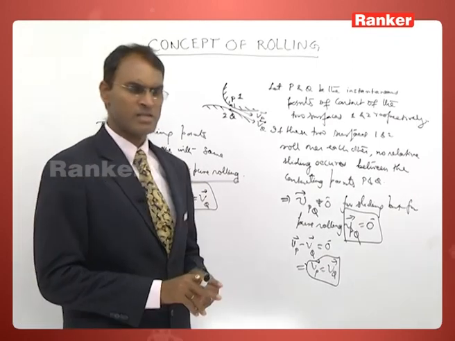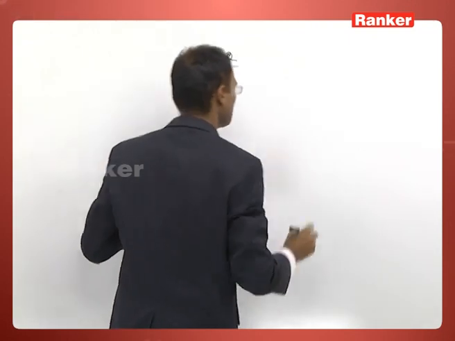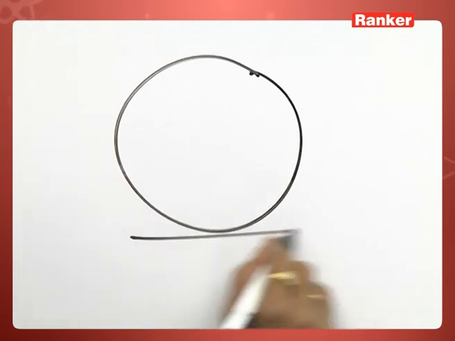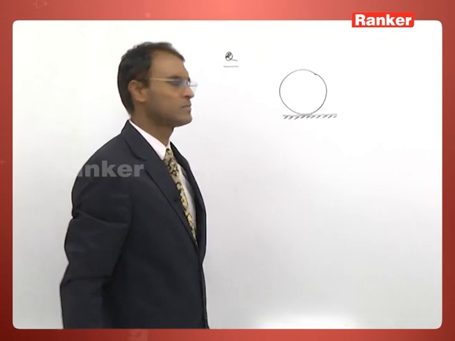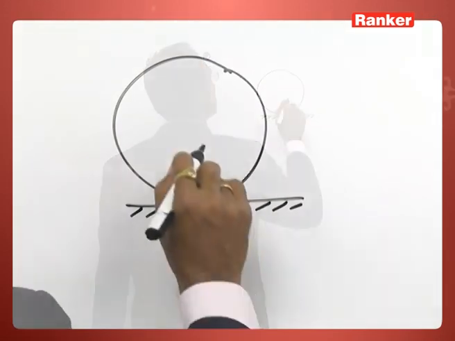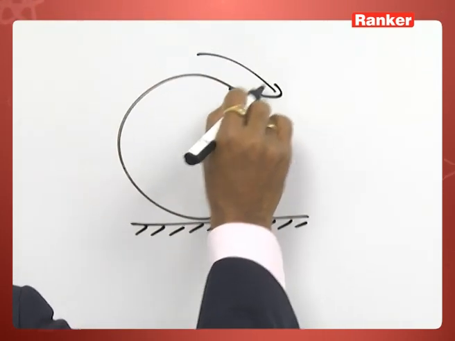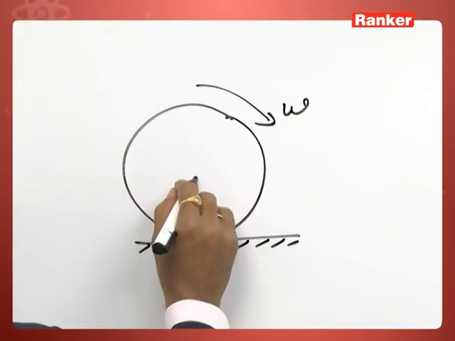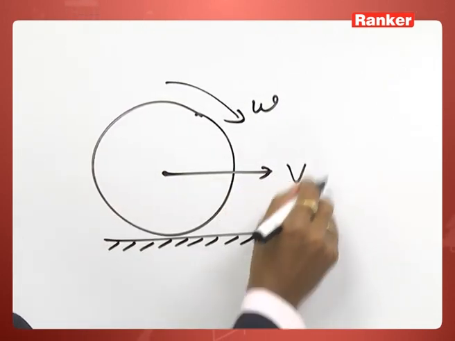Let me give some examples now. Let us spin the cylinder in this way and project the cylinder with the velocity of center of mass, say Vc.